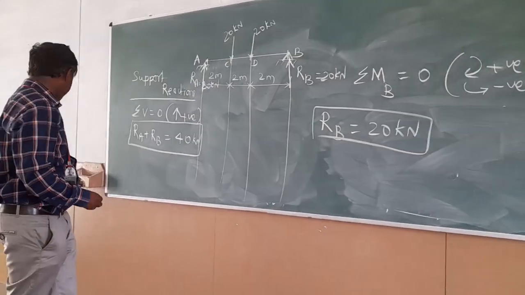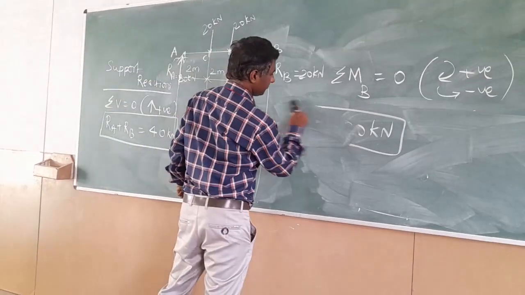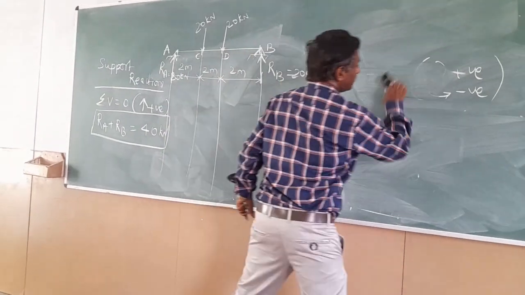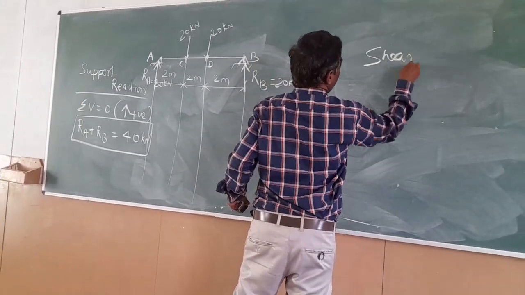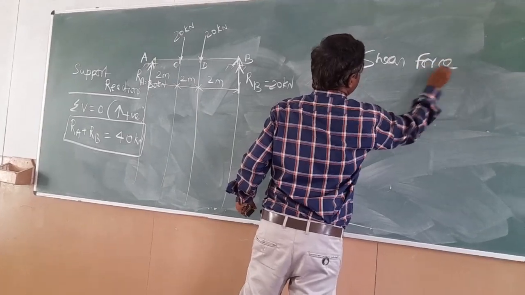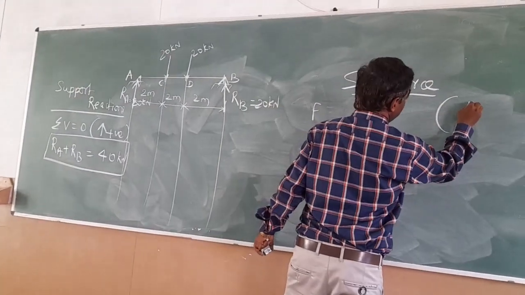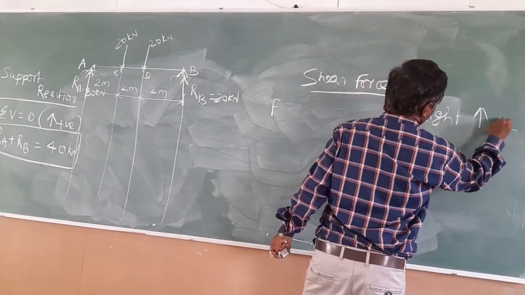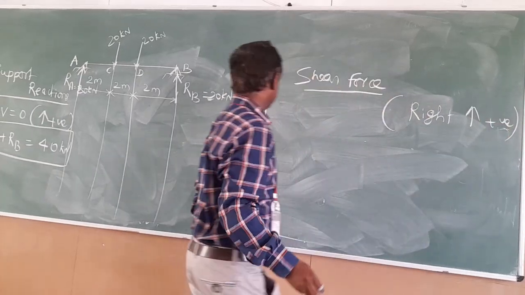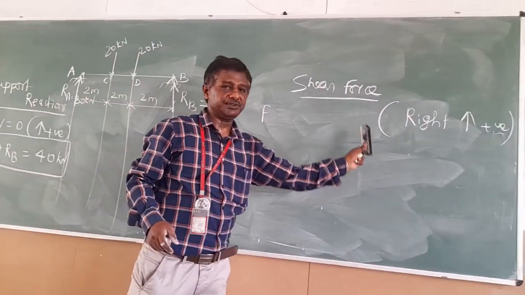Now let's move on to finding the shear force values. The sign convention is right upward is positive, and vice versa, everything opposite of this is negative.